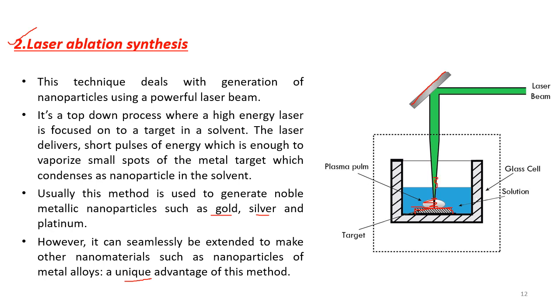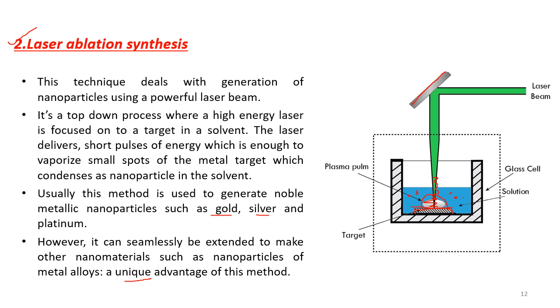This energy is quite enough to vaporize the target because of the plasma plume. Heat is generated, the target material vaporizes, and small parts of the metal target condense. These metal particles get condensed in the solvent.